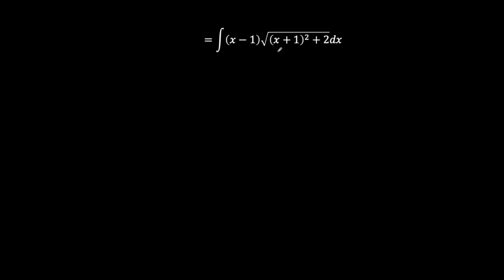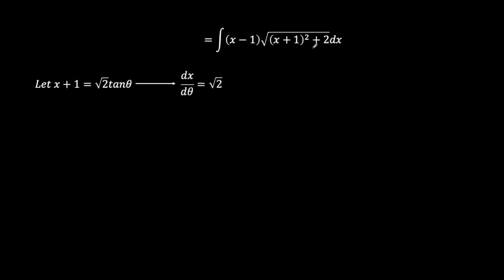And obviously, you have to equate x plus 1 to square root of 2 tan theta, so that when you square this part, this entire constant can be taken out, and you're left with tan squared theta plus 1, which reduces to sec squared theta.